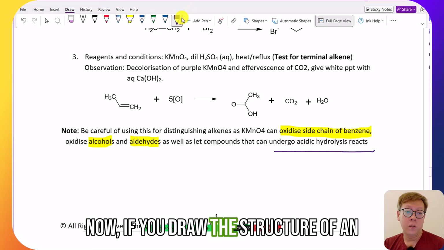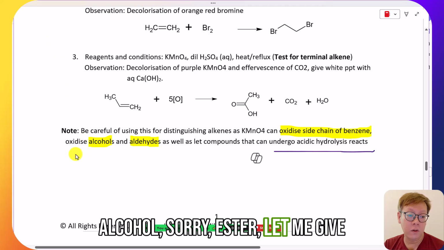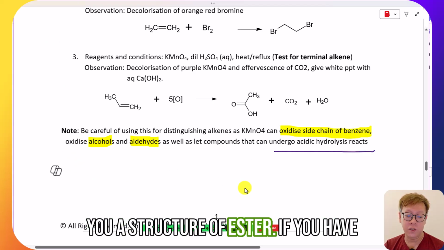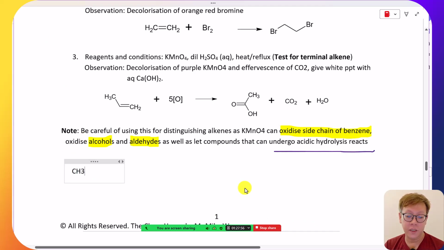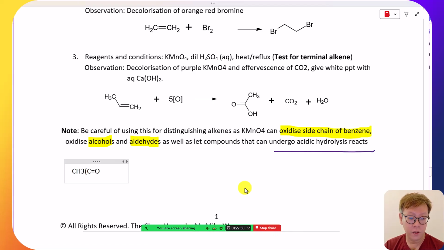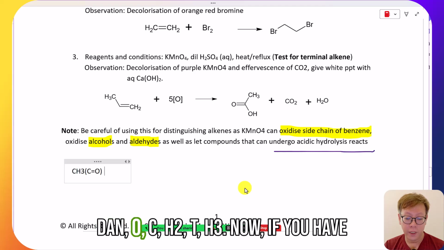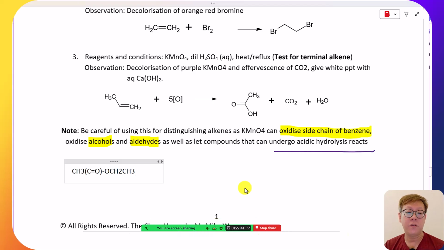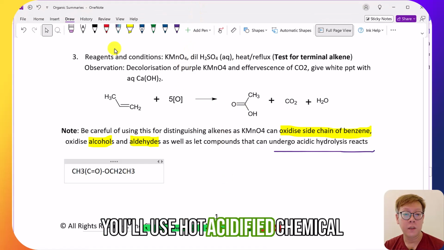Now if you draw out the structure of an ester, let me give you a structure of an ester. If you have CH3C double bond O, then O, CH2, CH3. Now, if you have this ester, you use hot acidified KMnO4.